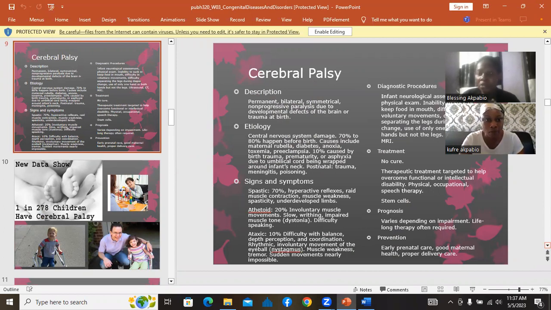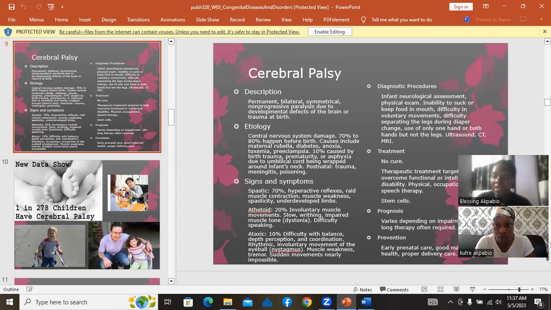Yeah, so now if you look at the diagnosis, you notice that all these things, like the ultrasound, the CT, and the MRI, will help the doctor to know how they can help the child to at least function properly for some time, because this sickness has no cure.